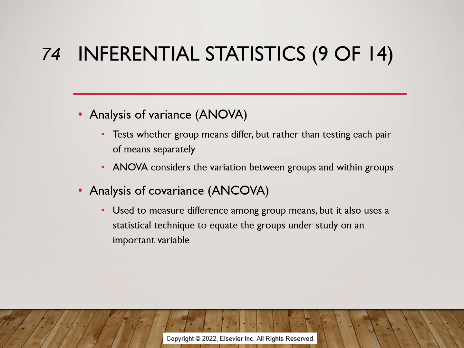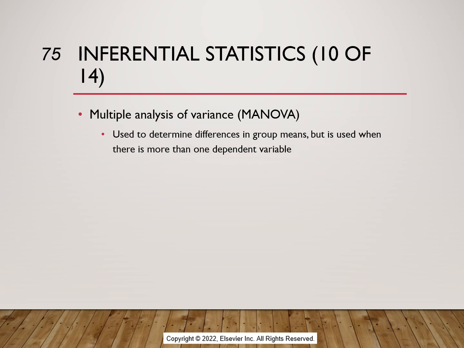An ANCOVA just measures the differences between the group means, but it uses another statistical technique to look at covariance. And yet another form of inferential statistics is a MANOVA, and it is used to determine differences in group means, but also when there is more than one dependent variable.